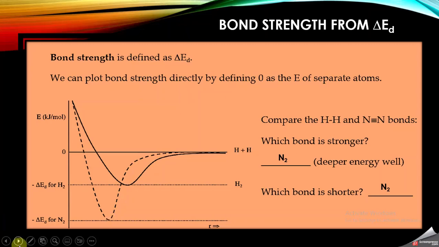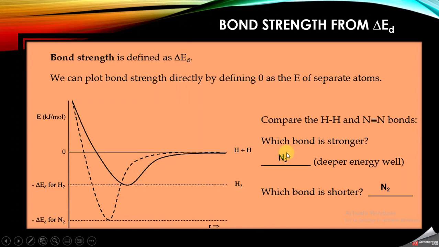So you can also easily see that the bond strength is higher for the molecule which has a deeper energy well. And when you have a higher bond dissociation energy, you usually have more bond strength, and also a shorter bond.